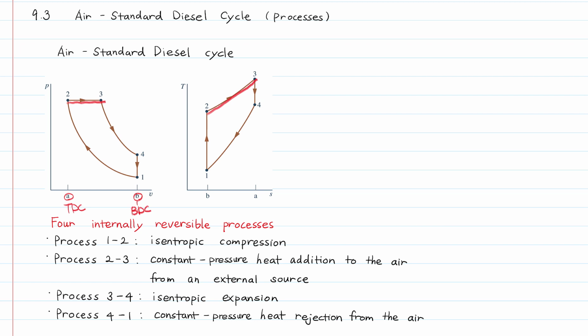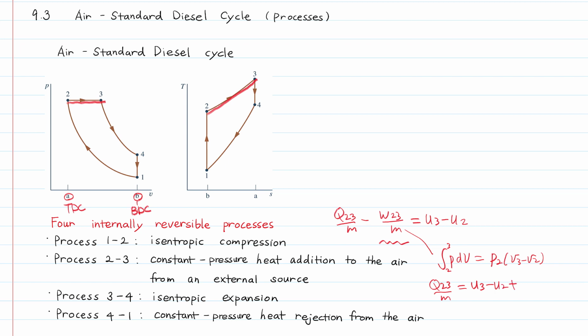Using an energy balance, the work from state 2 to 3 is not equal to 0. The boundary work is the integral of P dV. And the pressure is constant during the process, so we can write P2 times (V3 minus V2). So Q23 divided by m is u3 minus u2 plus P2 times (V3 minus V2).